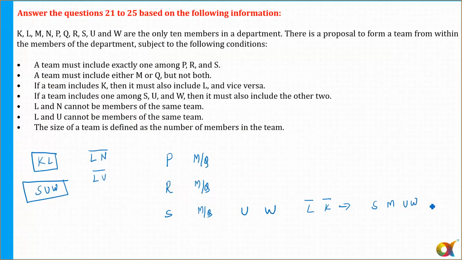The condition on N is that N can't come with L. So L and N cannot be members of the same team. So N can be there with S, U and W. So in the third case, or we can go by question also, we can solve it here.